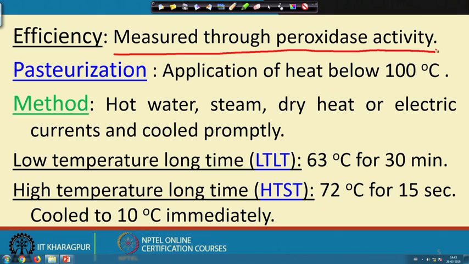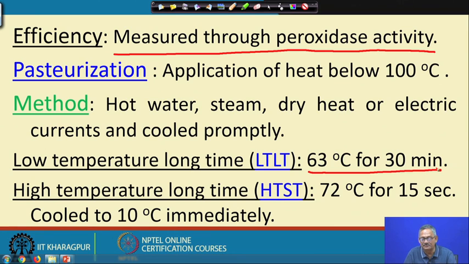To minimize that, LTLT, low temperature long time pasteurization, is used, with the combination of 63 degree centigrade for 30 minutes. Another is called high temperature short time or HTST. This HTST is 72 degree centigrade for 15 seconds, and all are cooled to 10 degree centigrade immediately.